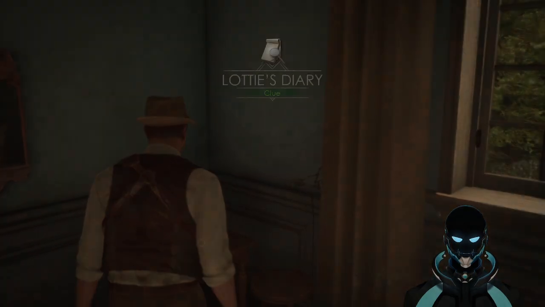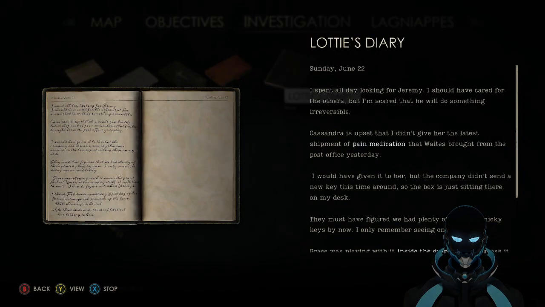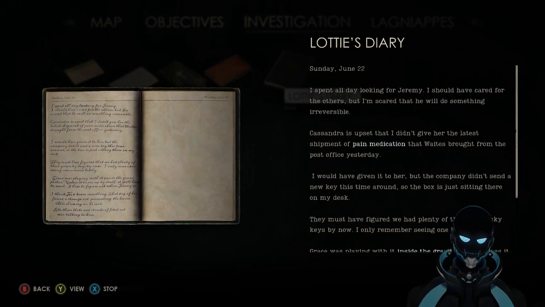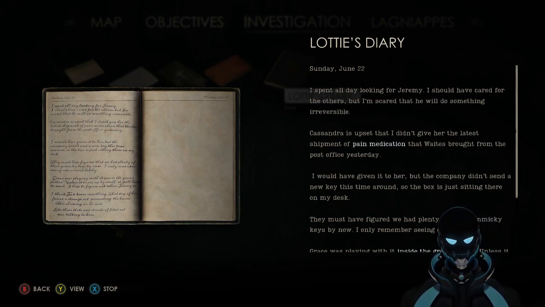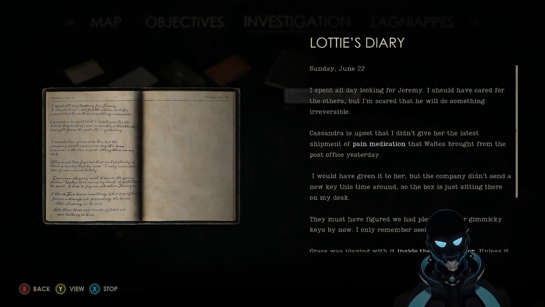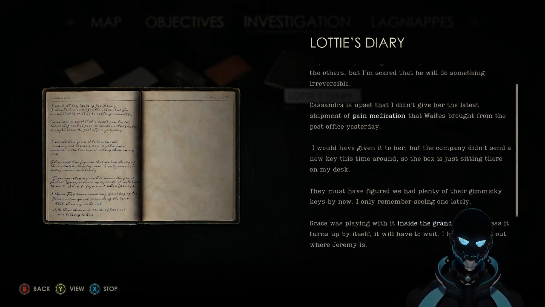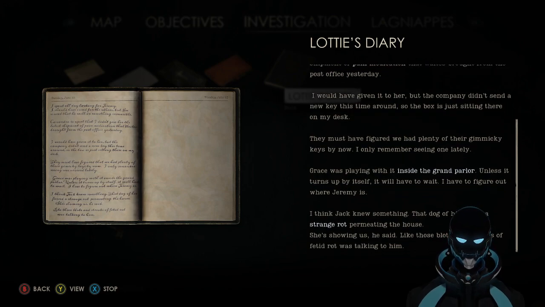Working mirrors. Sunday, June 22nd. I spent all day looking for Jeremy. I should have cared for the others, but I'm scared that he will do something irreversible. Cassandra is upset that I didn't give her the latest shipment of pain medication that Waits brought from the post office yesterday. I would have given it to her, but the company didn't send a new key this time around, so the box is just sitting there on my desk.